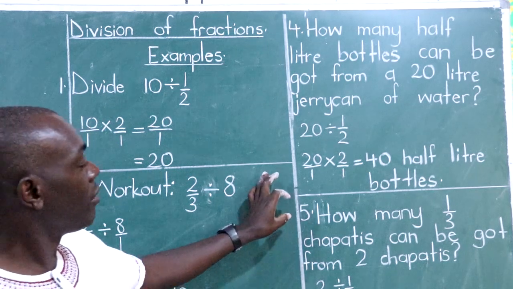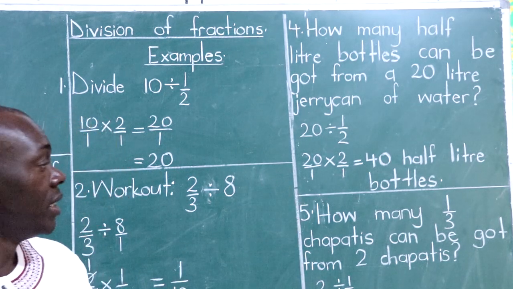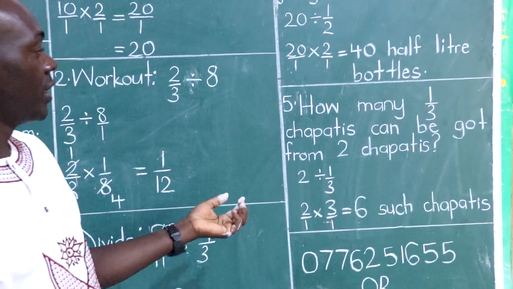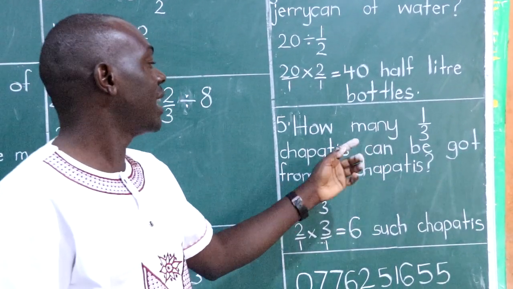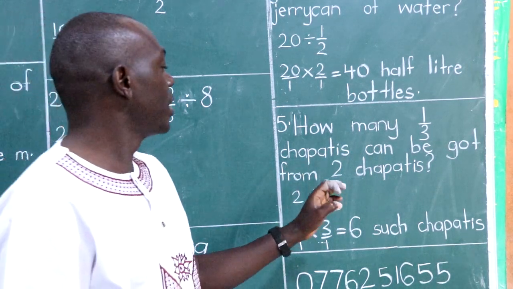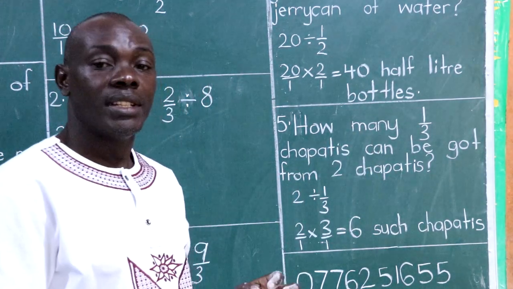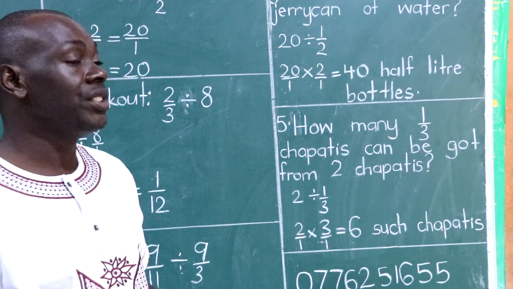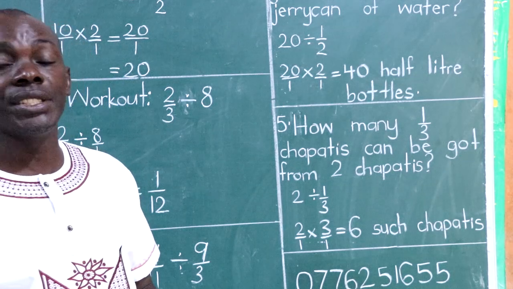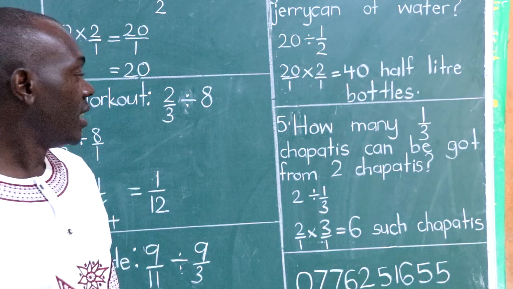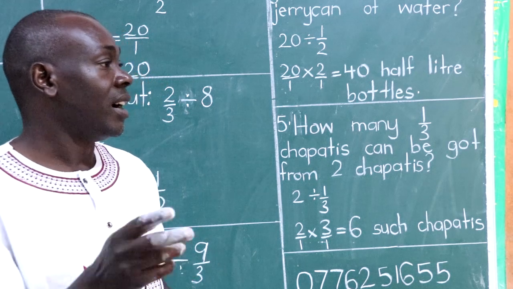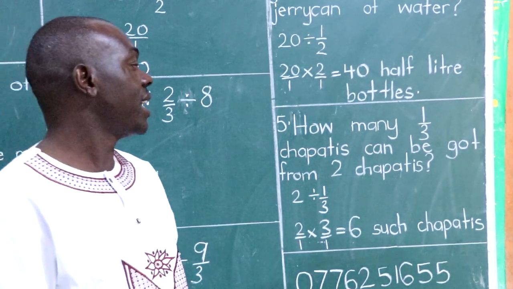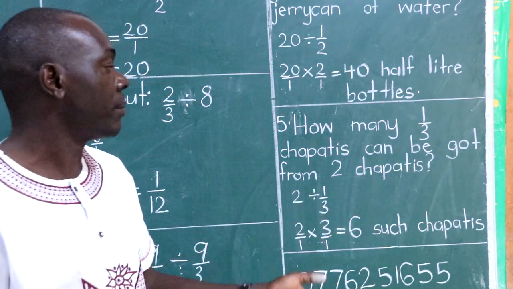Then number 5 emphasizes the same. It's about chapatis. You enjoy eating them. So the question is, how many a third chapatis can be got from 2 chapatis? Somebody bought 2 chapatis and is going to cut each into 3s, so that he gets 3 pieces from every chapati.